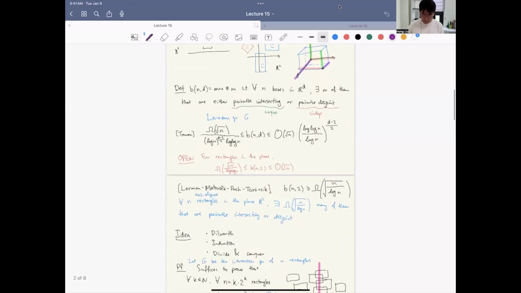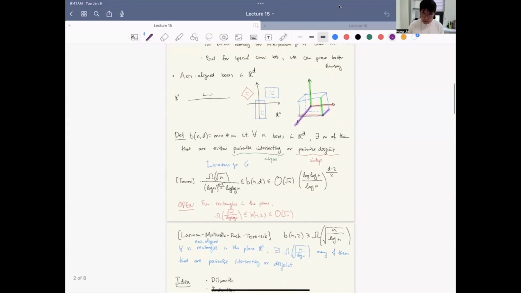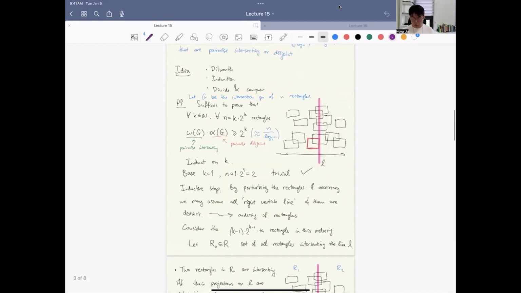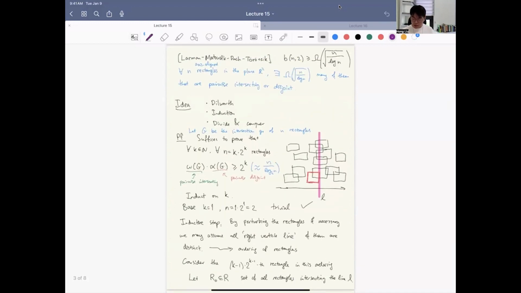The idea is to classify the intersection patterns of pairs by several poset relations, and then repeatedly apply Dilworth's theorem. We've also seen in these rectangle cases a nice application of the divide and conquer technique, which is quite common in theoretical computer science and algorithm design.